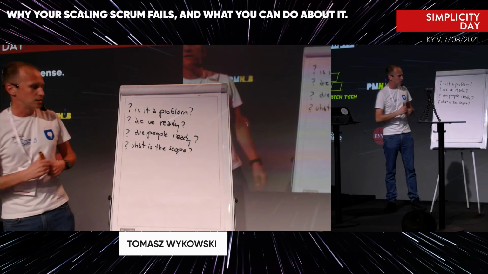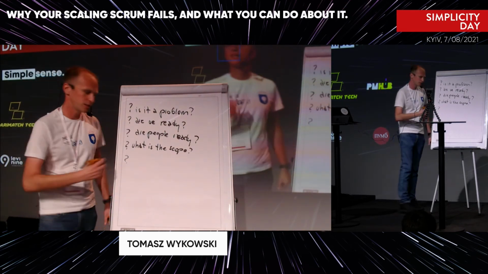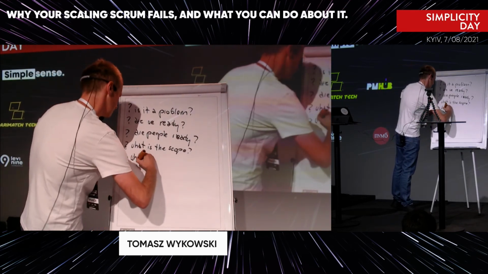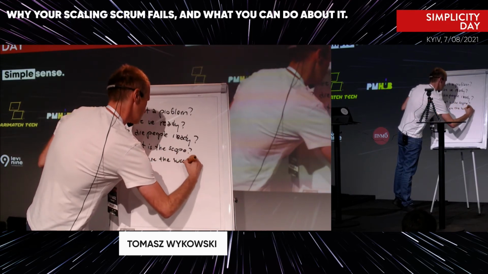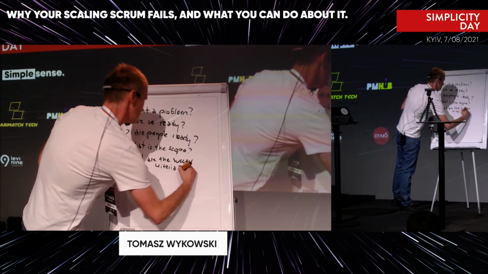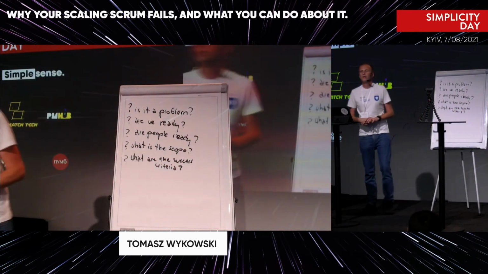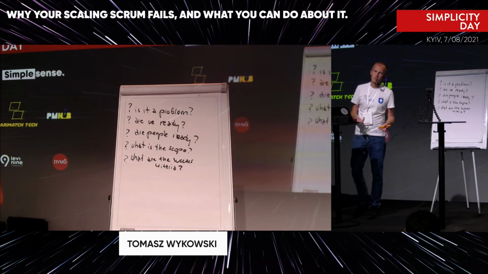And finally, the question I would like to ask is, what are the success criteria? And what does it mean? Basically, how am I going to tell that we succeeded or not? What kind of change do we want to see, right?